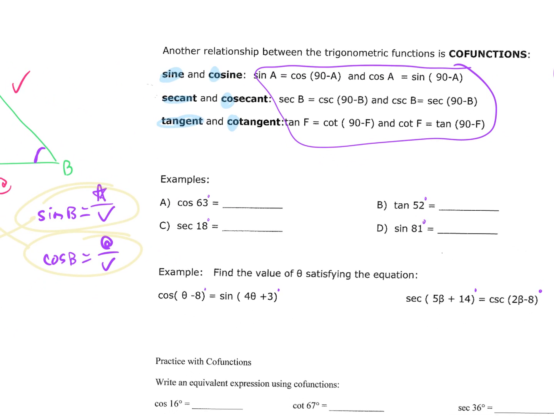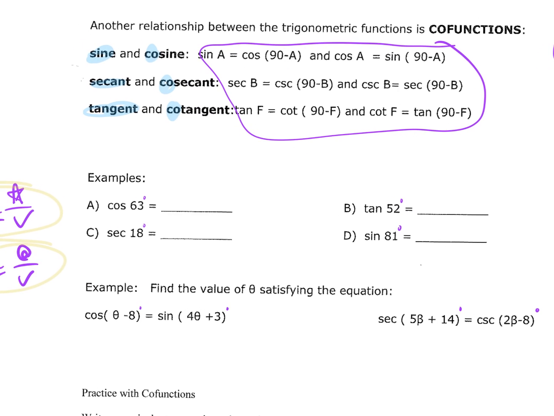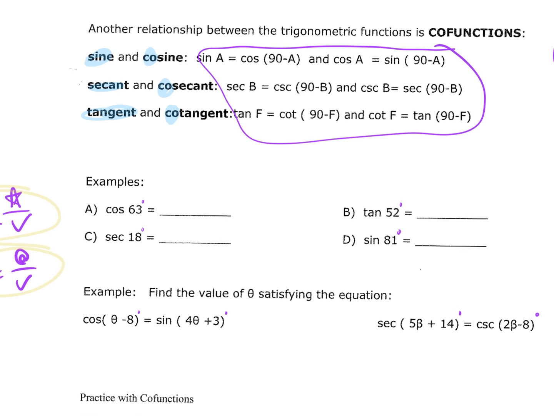I purposefully don't have any directions here because the directions sometimes say something a little bit different, but typically the directions for this first set of examples would say something to the effect of write an equivalent expression using cofunctions. So we want to come up with something equivalent to this cosine of 63 degrees.